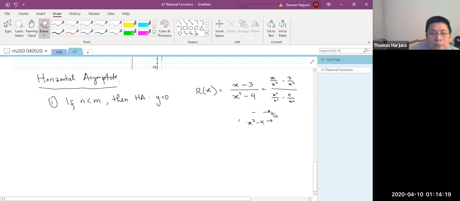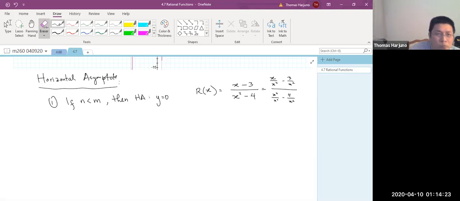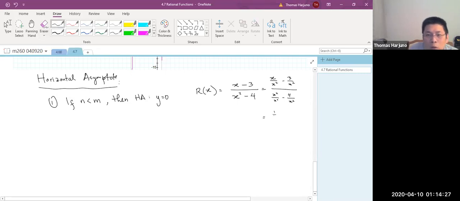Now notice that this becomes 1 over x minus 3 over x squared, over 1 minus 4 over x squared. Now what happens if x goes to infinity?